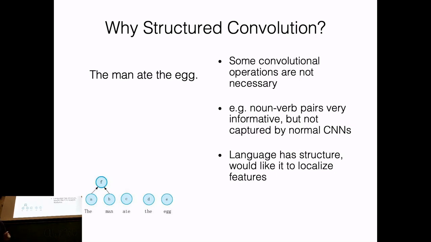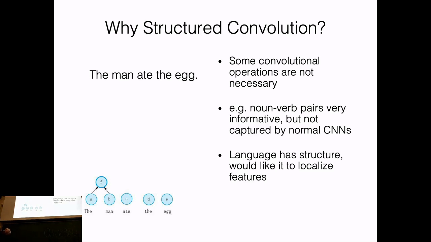So another reasonable solution is to apply convolution in this way. You just ignore some unnecessary edges, and you compose the different words by a predefined structure. That is what structured convolution should do.